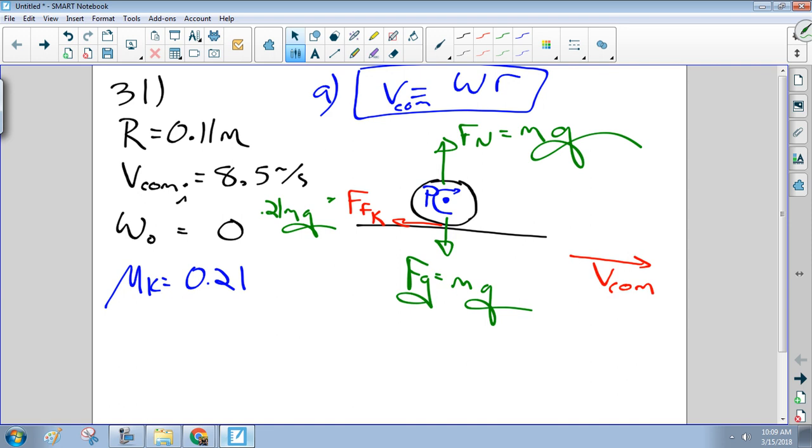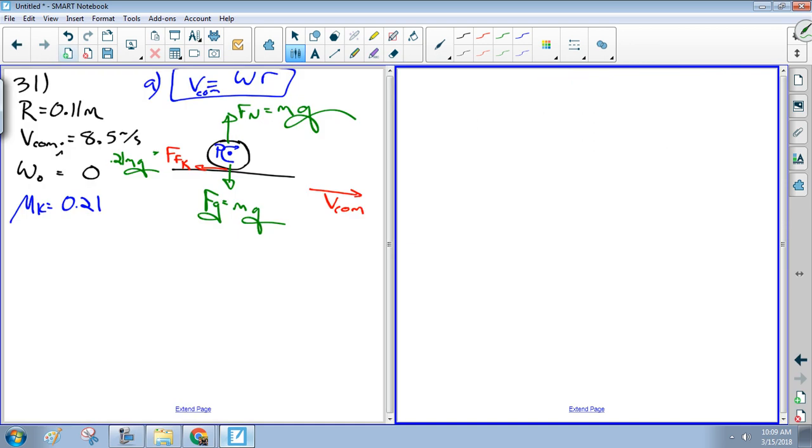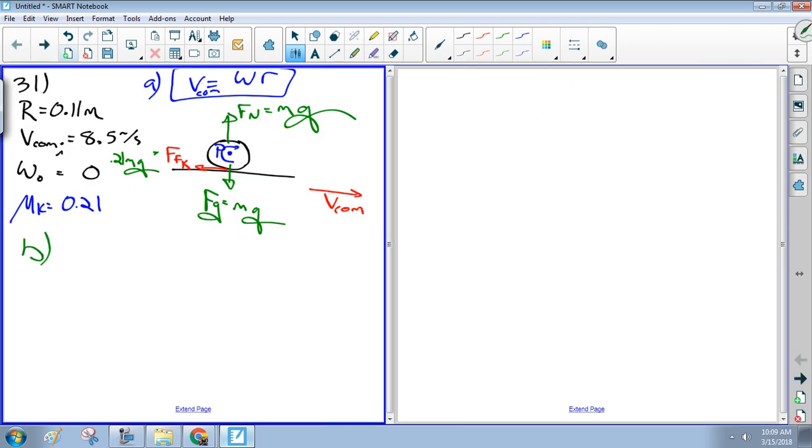All right, so part B wants to know the linear acceleration. So what does the linear acceleration depend on, you guys? Think back to seven or eight chapters ago. Somebody said it. Force. It depends on the net force, right? So the translational acceleration is net force over mass.